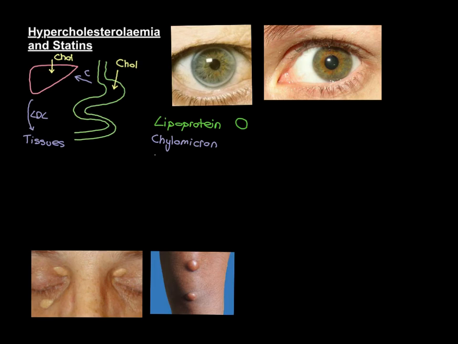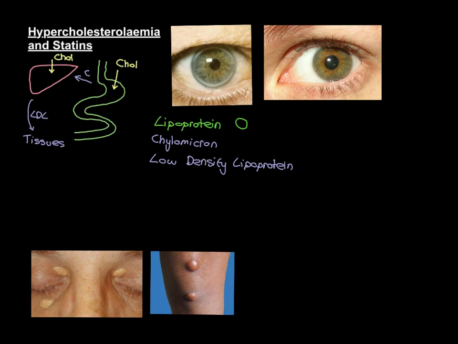I will write that down in full because it's very important. Low density lipoprotein is the lipoprotein that carries cholesterol from the liver to the peripheral tissues, and the peripheral tissues can then take the cholesterol out of that lipoprotein and use it for whatever purpose they need. So this is the basics of how we get cholesterol around the body.